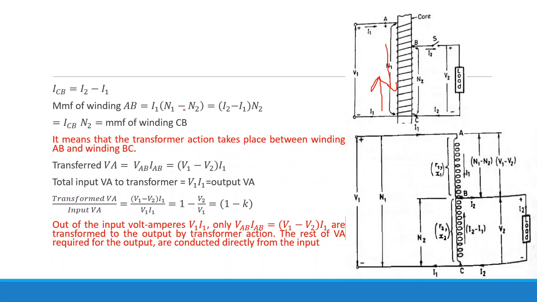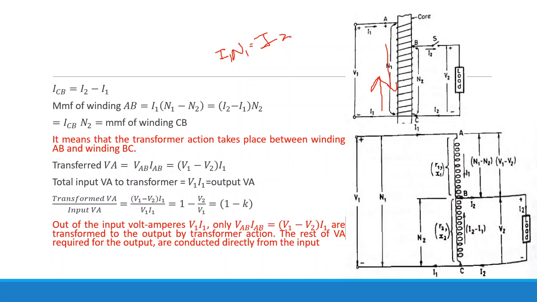Hope the things are clear to you. Alternatively, you can also write this as I2 minus I1 into N2. Why can we write that? Because we know that I1 N1 equal to I2 N2.